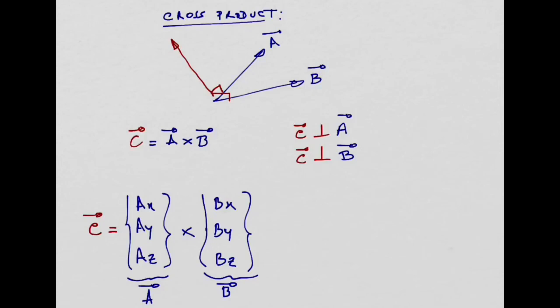And the way you do this is by doing a cross product of each component. I'm going to explain how we do that.